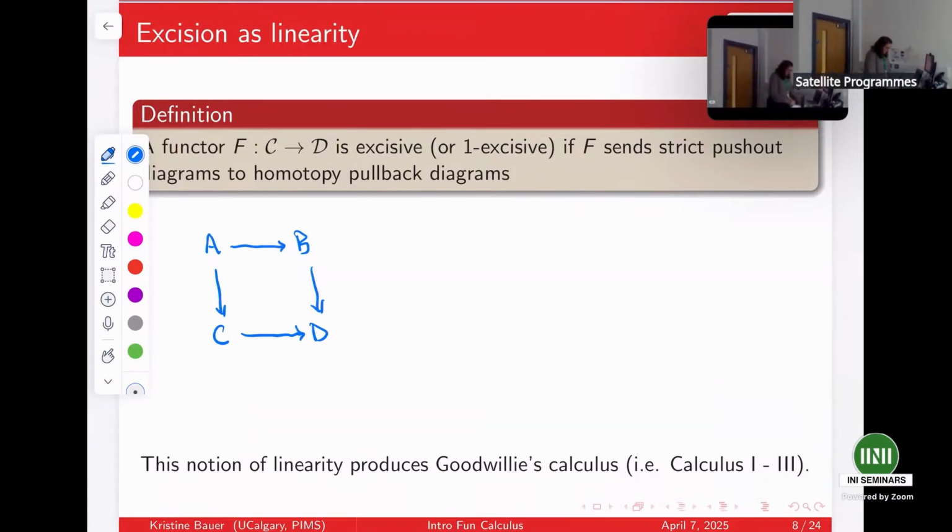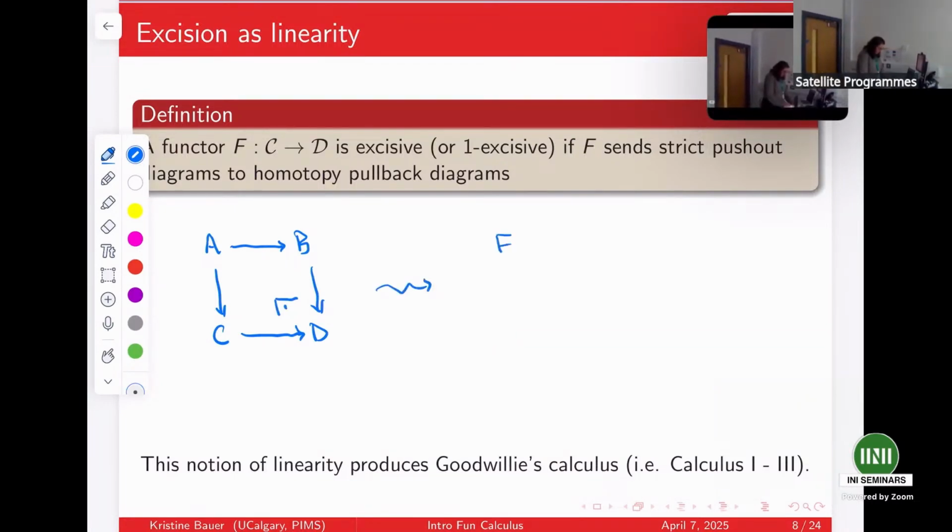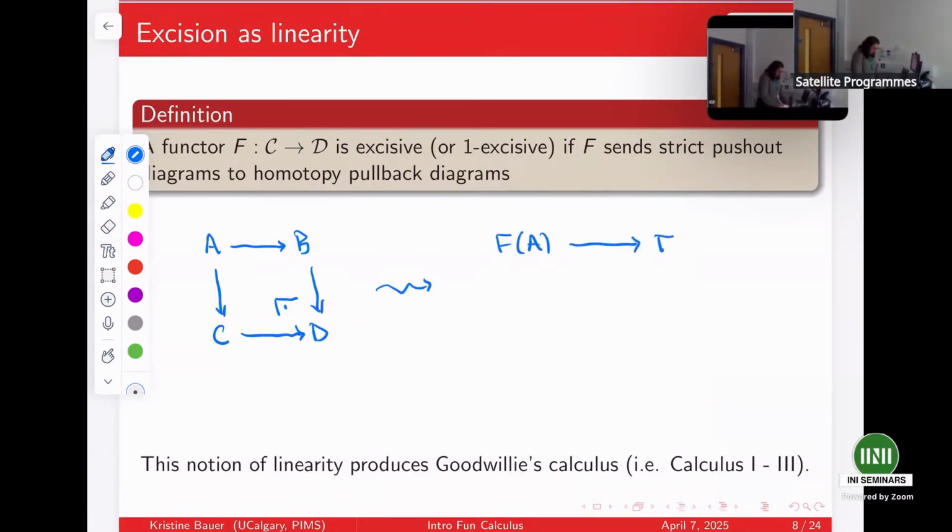So if I start out with a diagram like this, which happens to be a push-out diagram, then I'm going to hit the whole thing with F. Including the maps, which I didn't take the time to name.